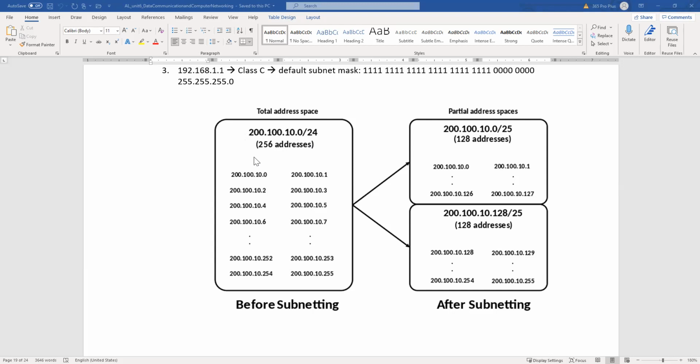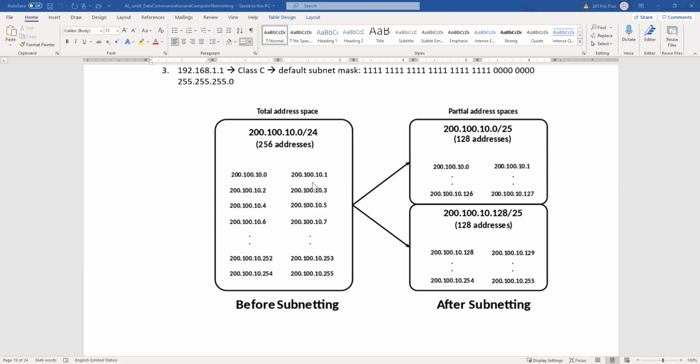We can have a maximum of 256 addresses, so 256 addresses or devices are possible in a class C network. We have 1, 2, 4, 8, 16, 32, 64, 128, 256. It's possible, right?